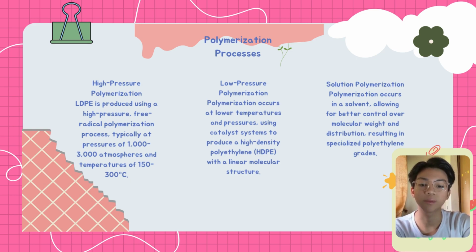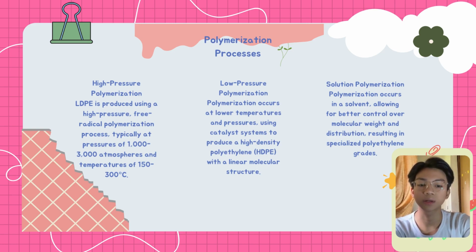For high pressure polymerization, LDPE is produced using a high pressure, free radical polymerization process, typically at pressures of 1000 to 3000 atmospheres and temperatures of 150 to 300 degrees Celsius.